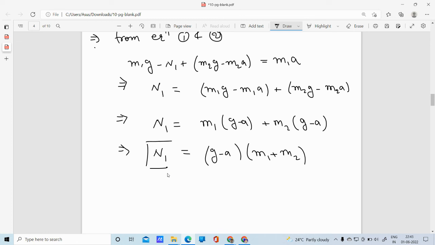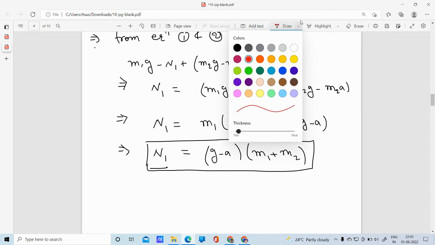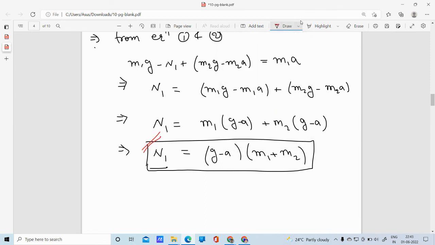So this is our normal reaction between the surface and mass M1.